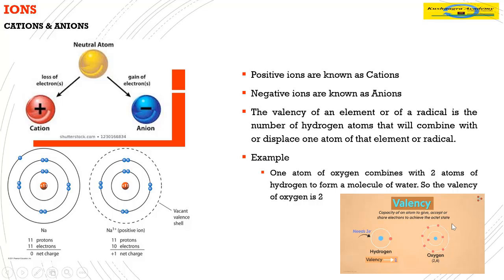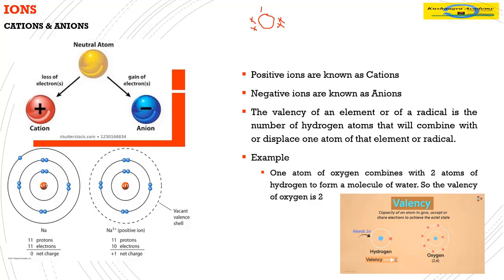That means oxygen requires an electron to complete its octet, and hydrogen requires an electron to complete its duplet. So what will happen? Here is the oxygen atom, and it has 6 valence electrons. Valence electrons means the outermost electrons, the number of electrons in the outermost shell.